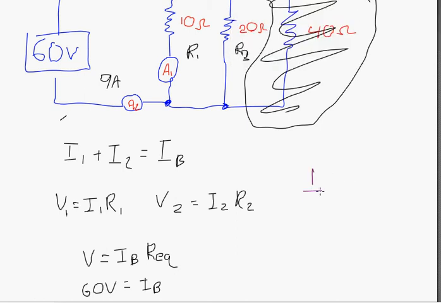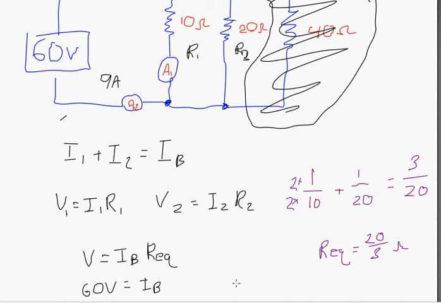So it's 1 over 10 plus 1 over 20 equals, common denominator, 3 over 20, so REQ equals 20 over 3 ohms.